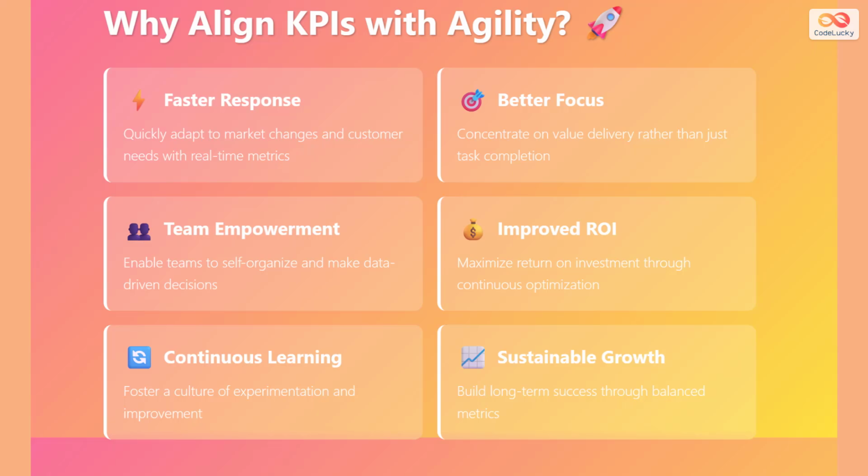Fifth, they foster a culture of continuous learning by encouraging experimentation and improvement. Finally, aligned KPIs support sustainable growth by maintaining a balanced view of performance across multiple dimensions, ensuring you're not sacrificing long-term success for short-term gains.